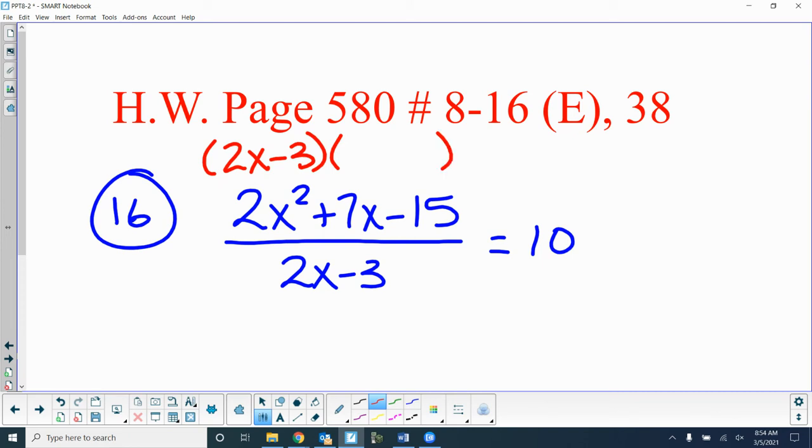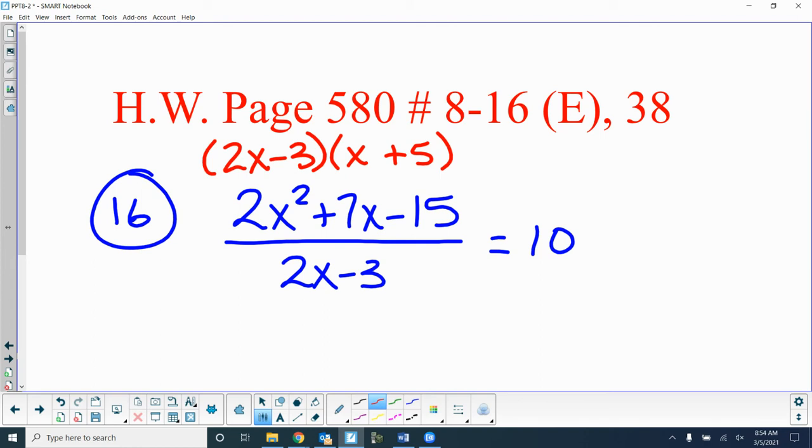So 2x times what is 2x squared? x. Negative 3 times what is negative 15? Positive 5. Let's check it. First is 2x squared. Outside is 10x. Inside is minus 3x. What's 10 minus 3? 7. And then negative 3 times 5.